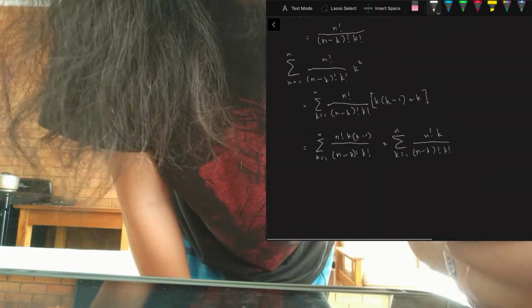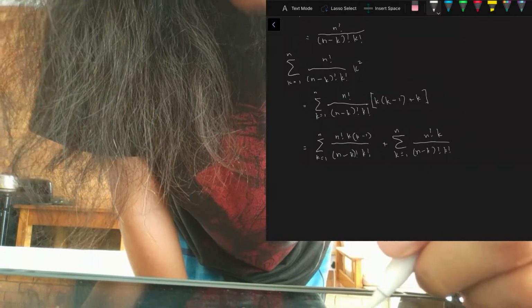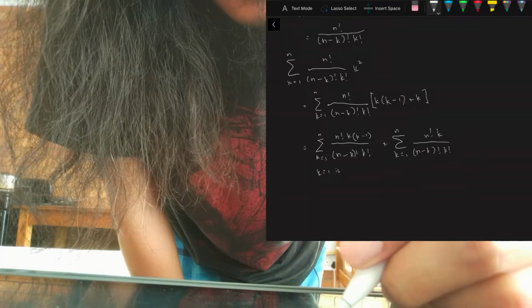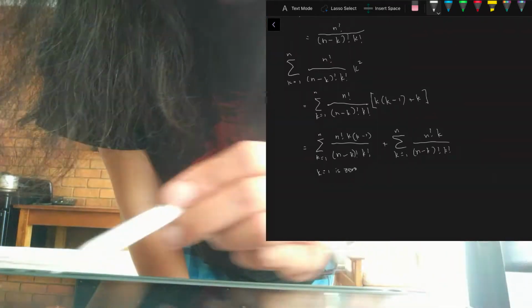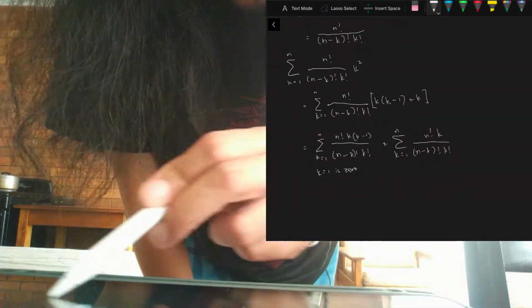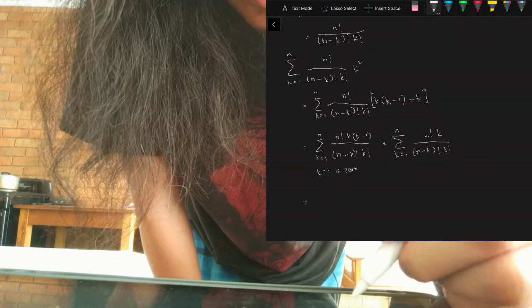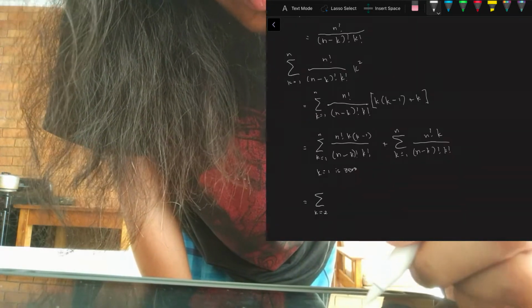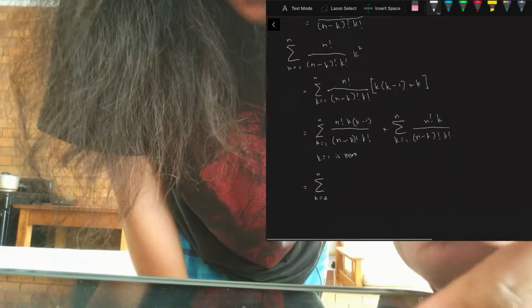Okay, so before we proceed, note that in the first term, k equals 1 is 0, correct? Because look, you have k minus 1 in your numerator. Therefore, this summation starts at k equals 2, because k equals 1 is a 0 term.